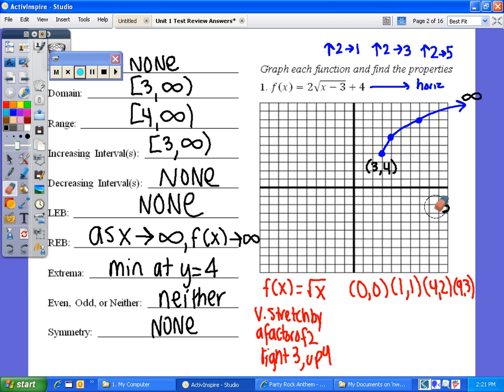Okay, so let's take a look at the first one. It is a radical. I know you guys are not really comfortable with radicals, but radicals basically take a quadratic and invert them on their side.